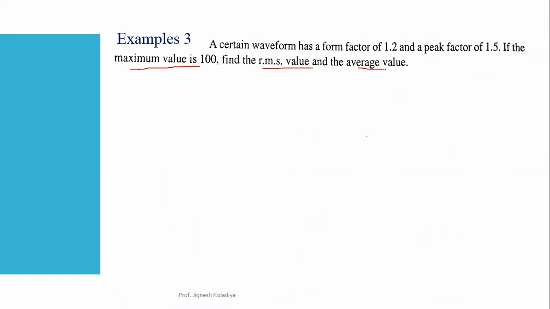Can you able to find? Just now we have seen form factor and peak factor. Form factor is RMS value upon average value, and peak factor is maximum value or peak value upon RMS value.